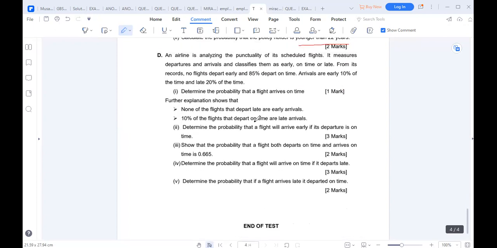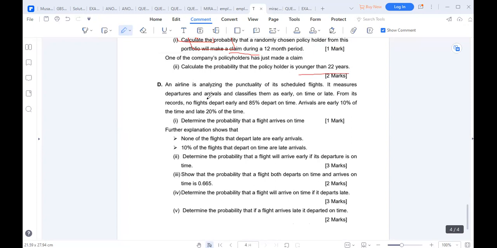All right. And the last question, which was the toughest question, told that it's analyzing the punctuality of flights. It measures departures and arrivals. It measures them early, on time, or late. So from records, we've had no flights departing early.